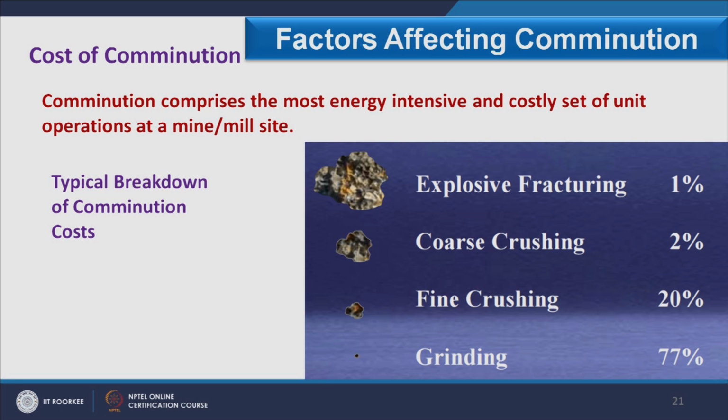Comminution comprises the most energy intensive and costly set of unit operations at mine and mill site. Now, when we go for size reduction from larger to smaller, the cost varies. For example, if we do the explosive fracturing, 1% cost is there, and if we go for coarse crushing, the cost is 2%.